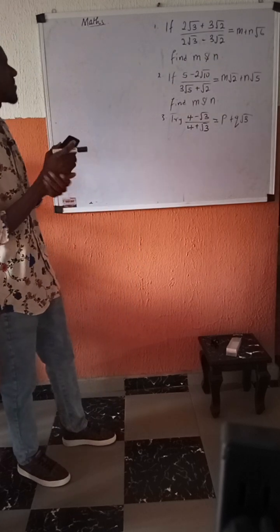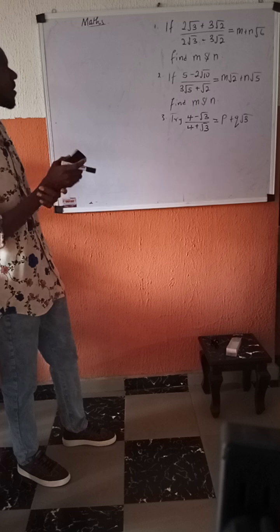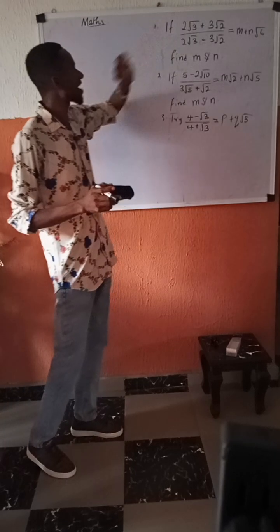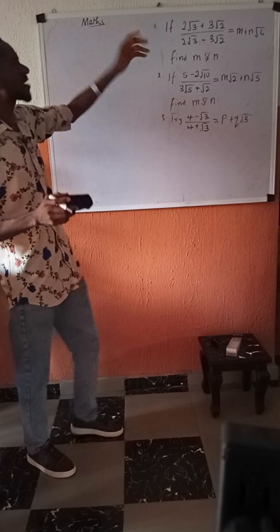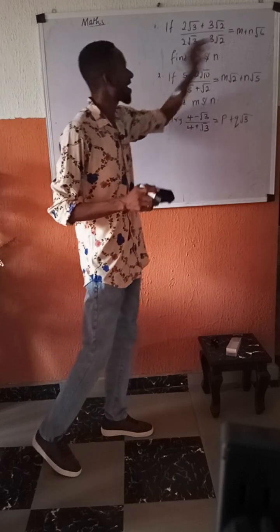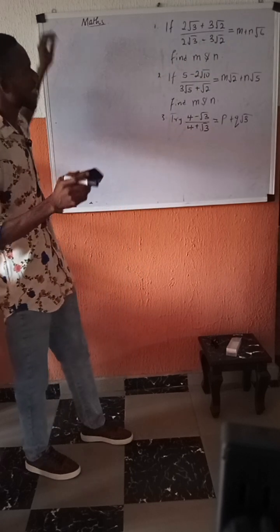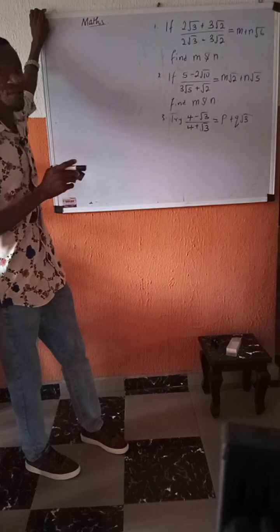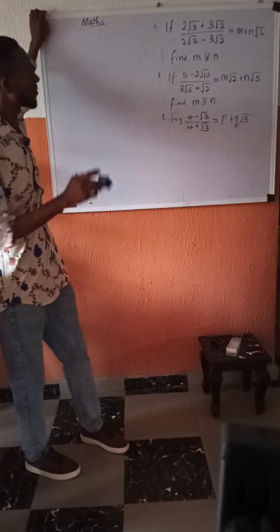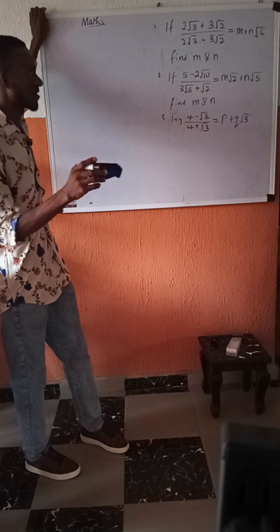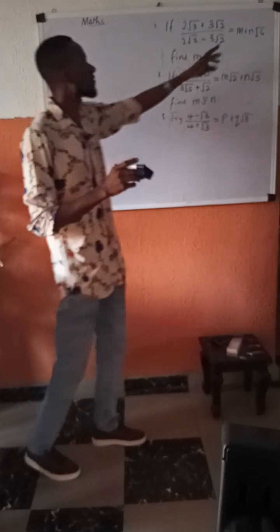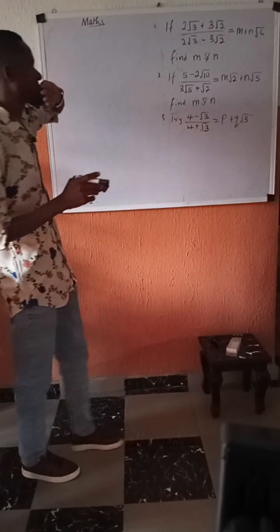When we have a problem like this, what is expected of us is to express what we have at the left-hand side in the format of what we have at the right-hand side, and thereafter equate the corresponding coefficients or terms in both the left and right hand sides of the equation, and of course they become the values of m and n.